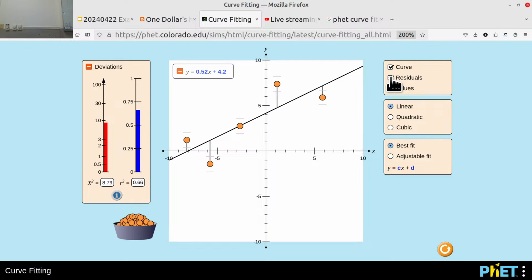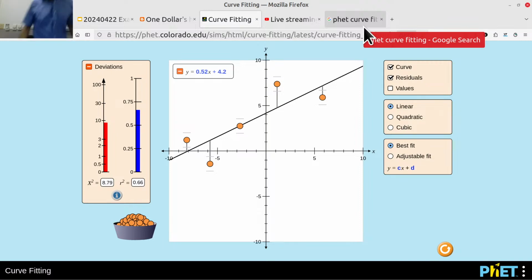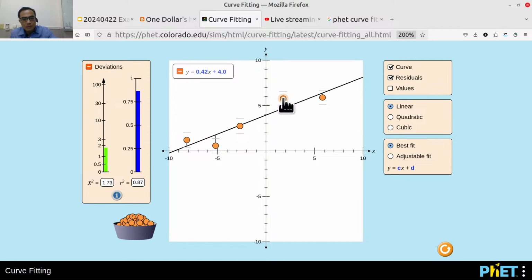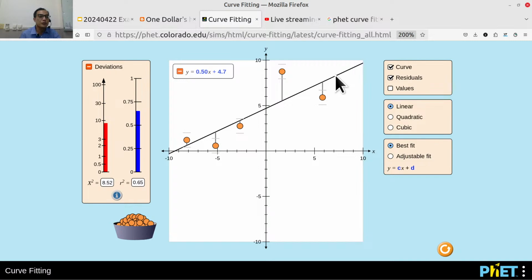Okay, let's check this. Before I leave this part, please check here. When I move it up, you can see the slope of this black line, the fitting line, the slope 0.5.